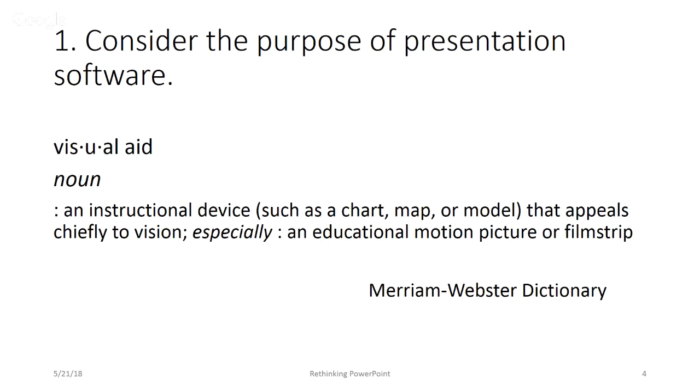And this kind of cracked me up because I'm like, boy, if the dictionary is behind the times on what kinds of visual aids we're using in our classrooms, it's no wonder that we aren't really sure how to use even an old technology like PowerPoint effectively, because apparently we're all using film strips as our main teaching tool and as the primary example, the dictionary definition of a visual aid.